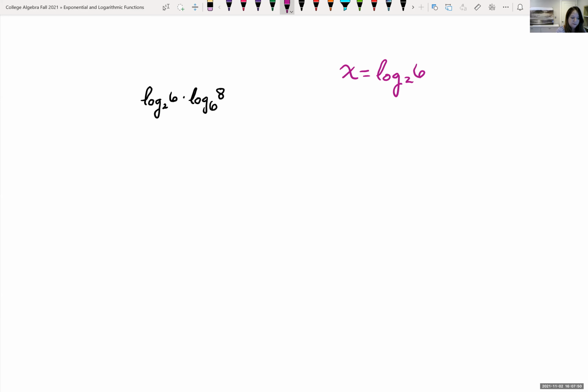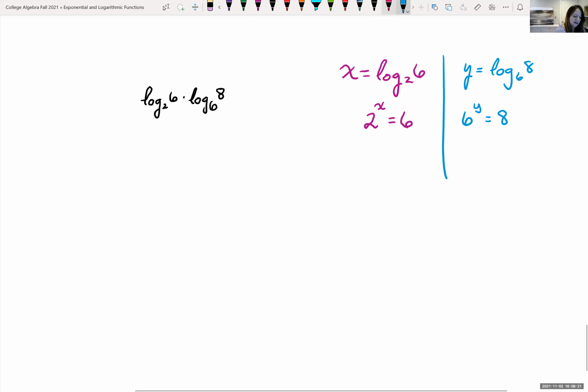And so if we rewrite this in exponential form, this is the same thing as 2 raised to the x is equal to 6. Let's do the same thing with the other logarithm. And so let y equal log base 6 of 8. And let's rewrite this in exponential form. So this is 6 raised to the y power is equal to 8.